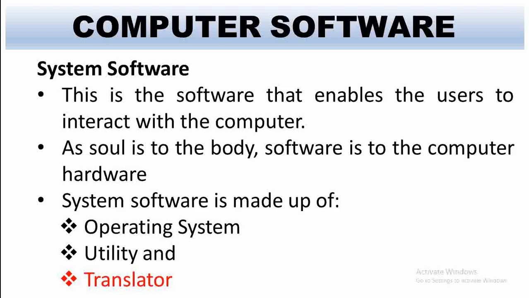So there is a translator that will translate this code into the computer language for the computer to be able to execute those programs. That is what we call the translator. All these things are built inside the computer system. So all those programs, operating system, utility, translator, are what make up the system software.